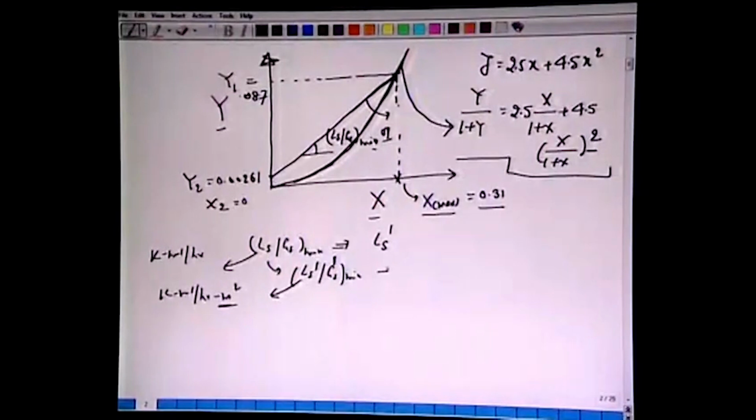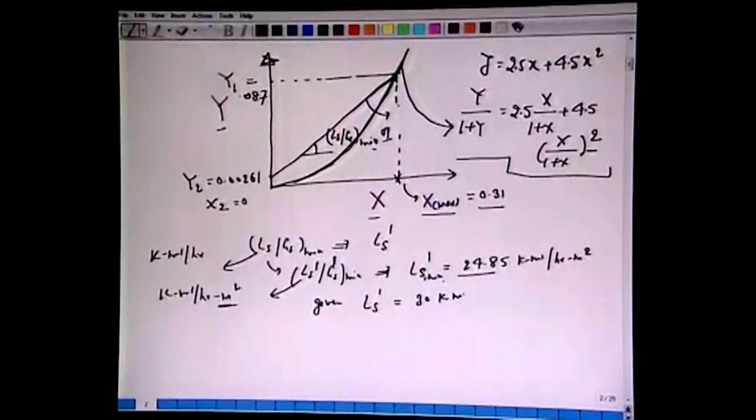From here we can calculate LS prime as 24.85 kilomole per hour per meter square. This is the minimum solvent flow requirement corresponding to this minimum slope. But what is given is LS prime equals 30 kilomole per hour per meter square.